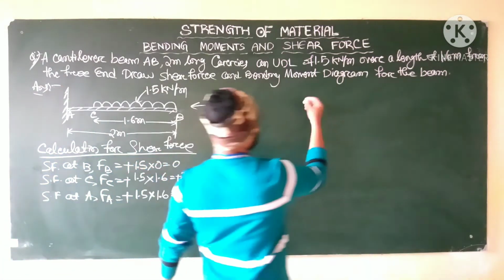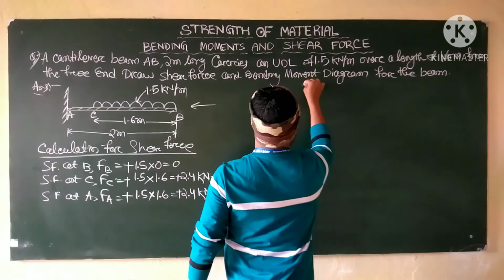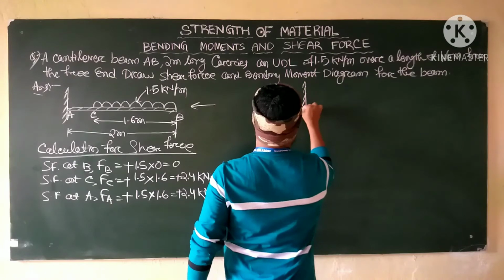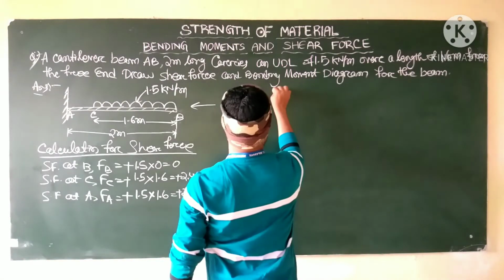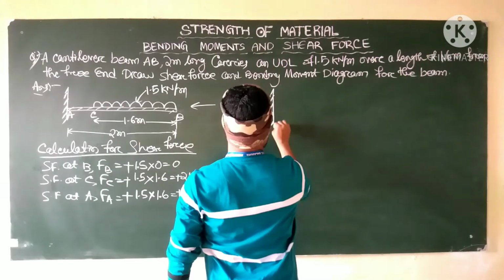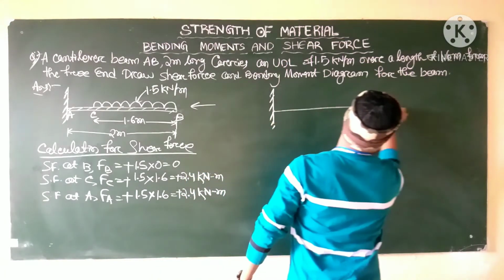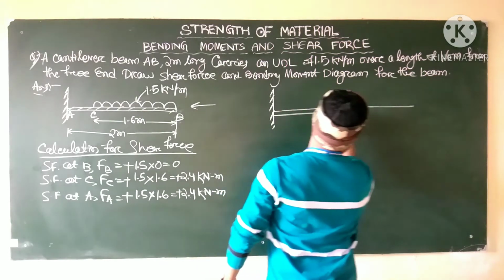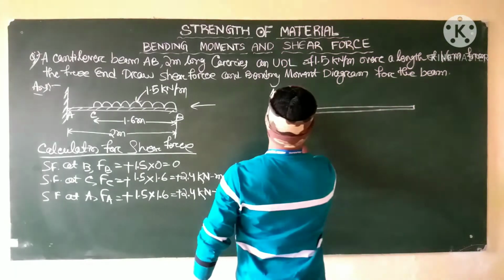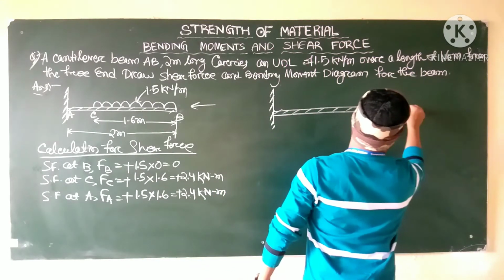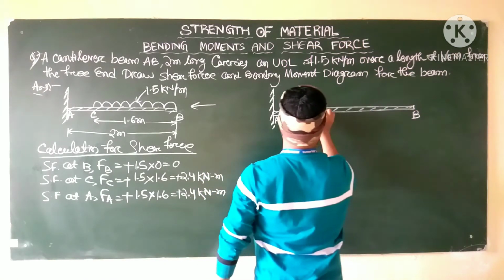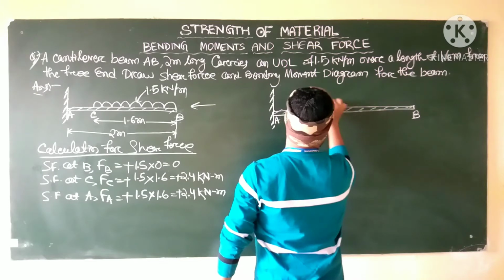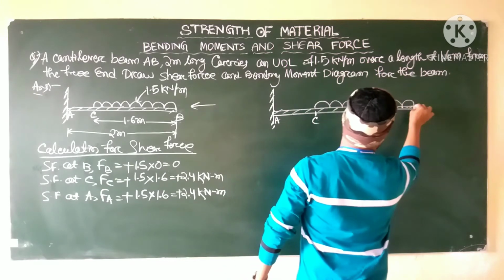For that, first we will draw the question. A, B, point C. This is UDL.